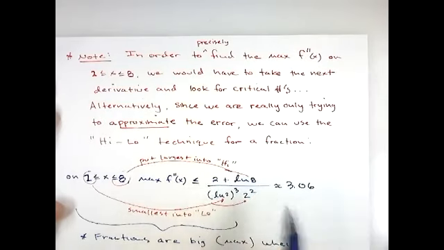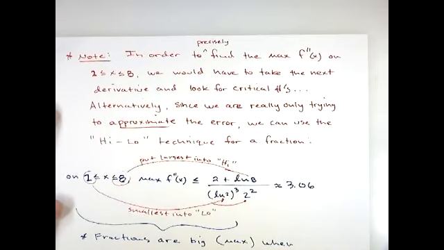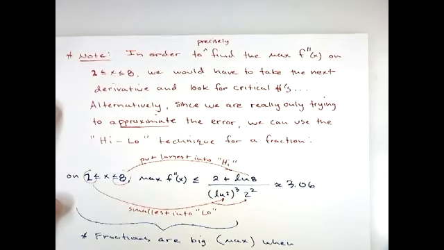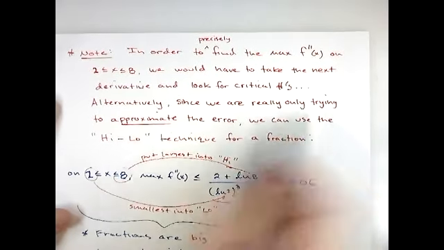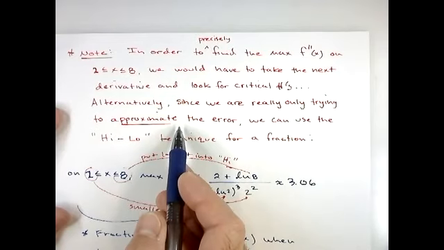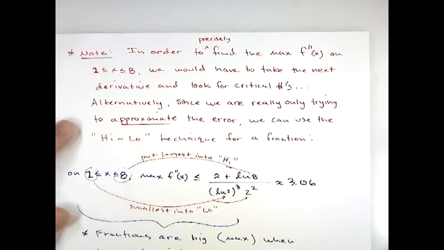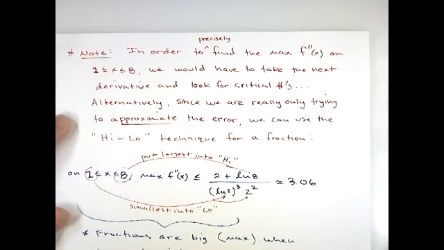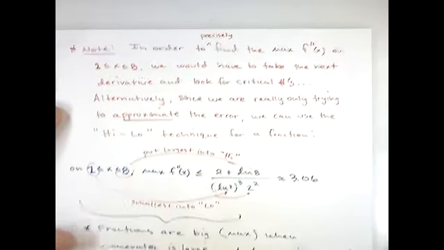But this second derivative is so ugly, I don't really want to take another derivative of that. So we have some little tricks that we can use. And we remember that we're only trying to approximate the error. Any tricks that make our life a little bit easier are fair game if they give us a reasonable approximation.